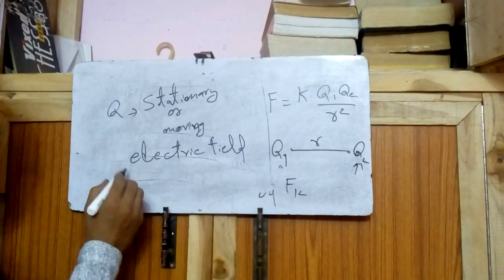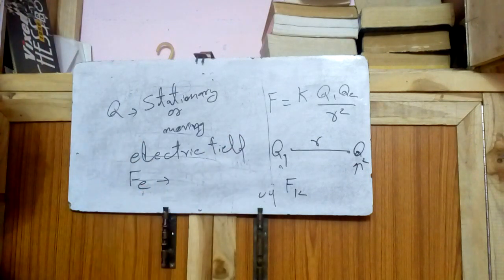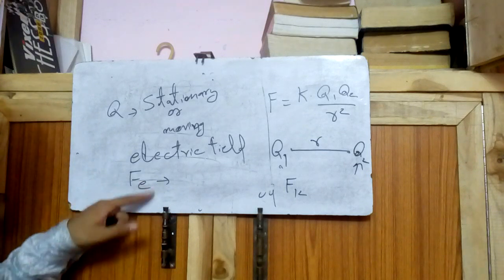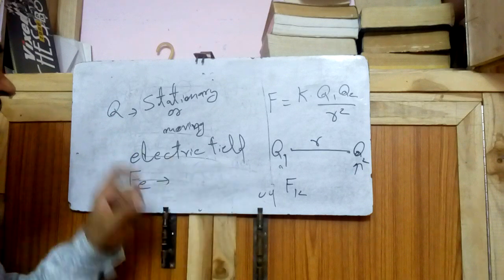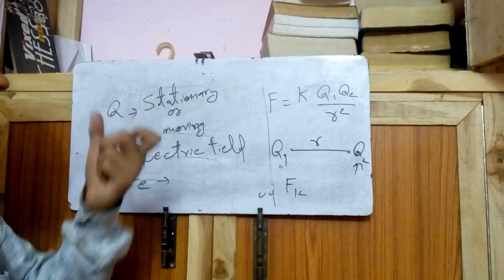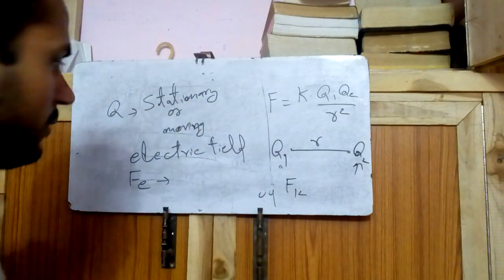The electric force Fe will apply on charge Q if it is placed in an electric field, and this charge may be in a stationary position or in a moving position.